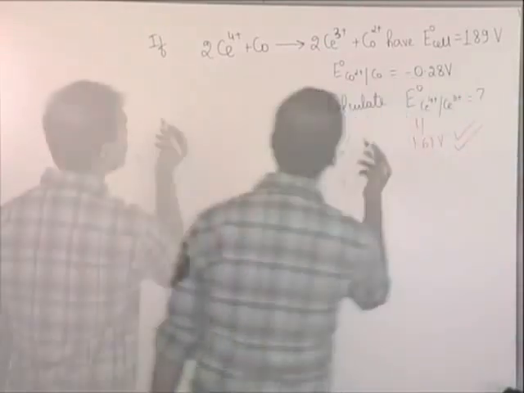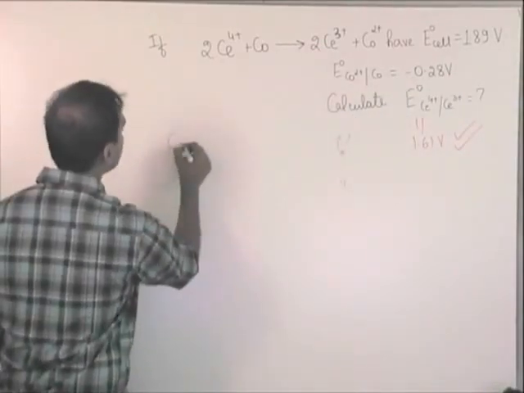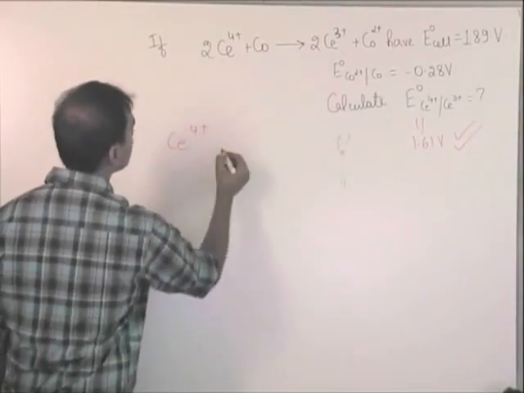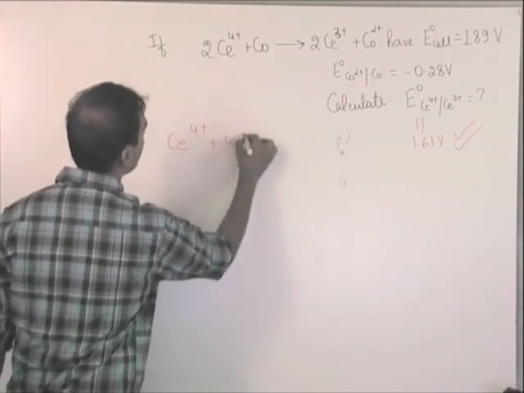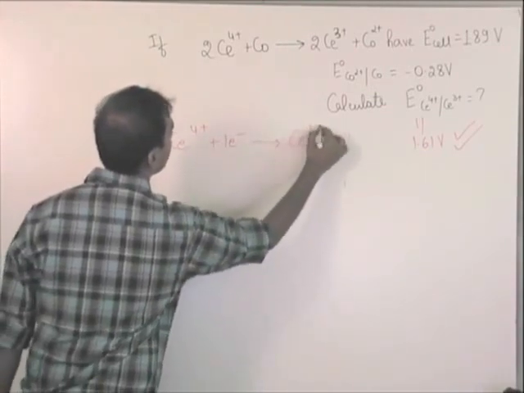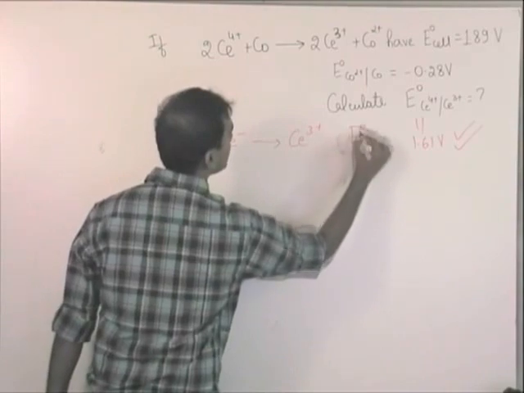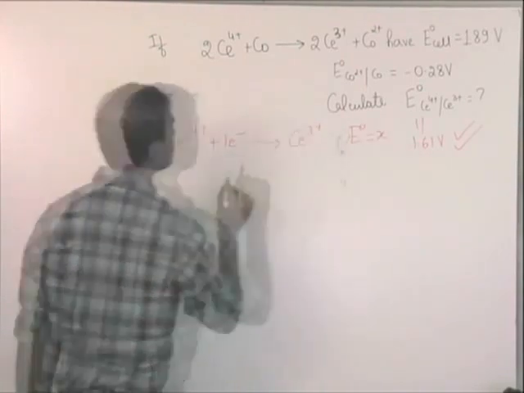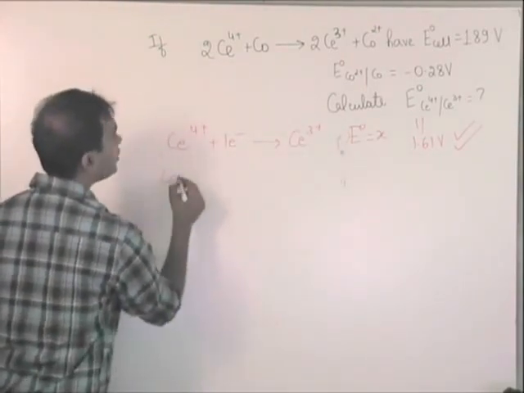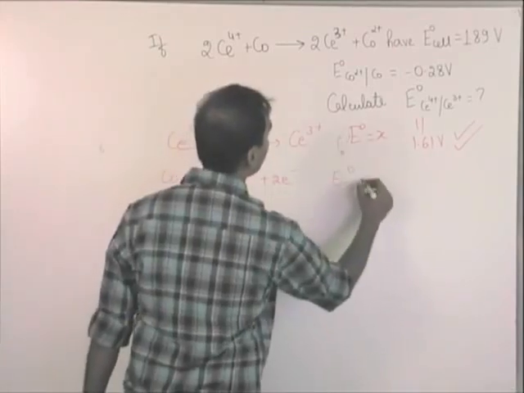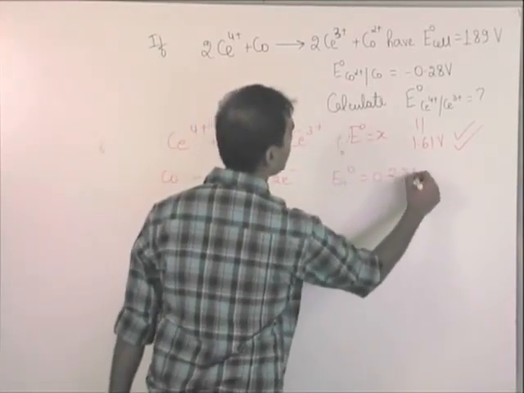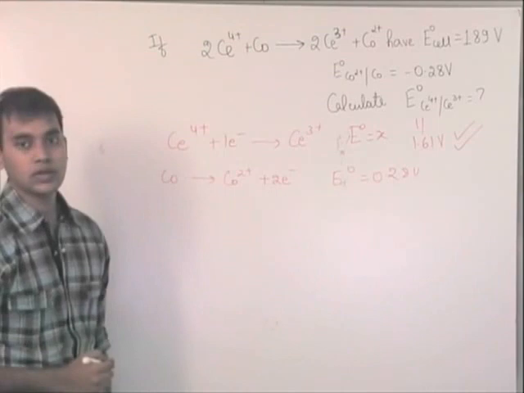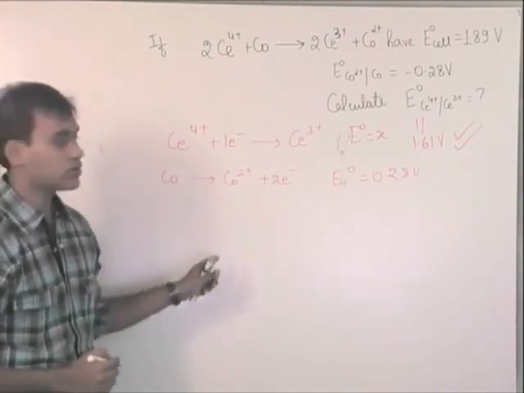Simple enough. So write the two half reactions. Cerium 4 plus plus 1 electron gives cerium 3 plus. Say its E naught is X. Now cobalt, for this E naught will be 0.28. Clear? Is it clear to you?